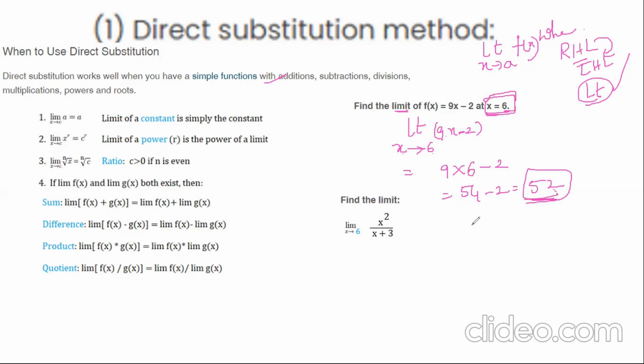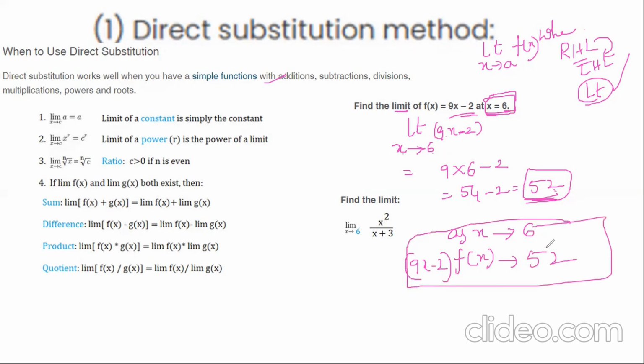It means as x is approaching 6, f of x, our 9x minus 2, is approaching 52. This is a very important concept. As x is approaching 6, our function 9x minus 2 is approaching 52. Got it? Yes, very good.